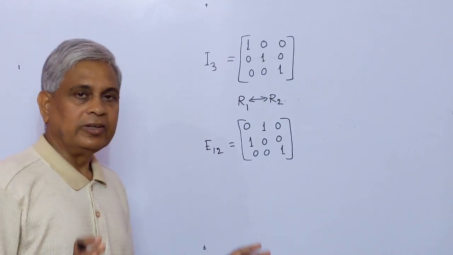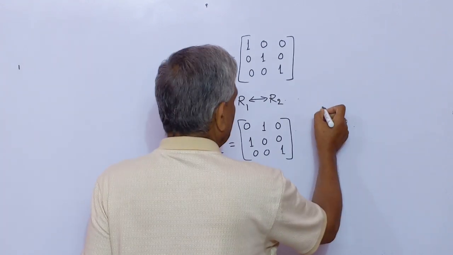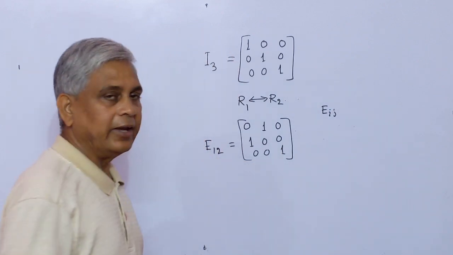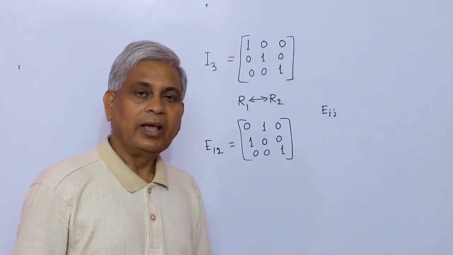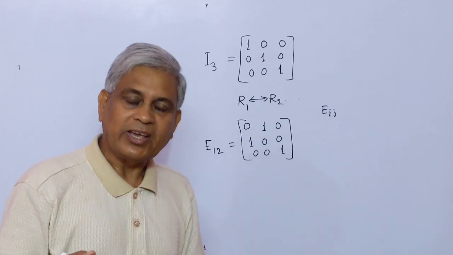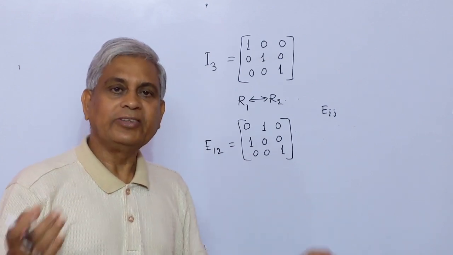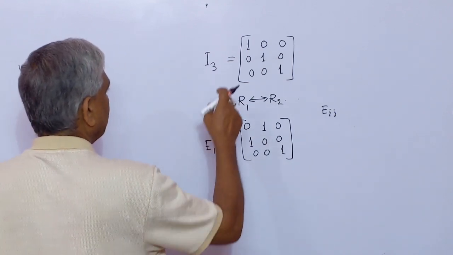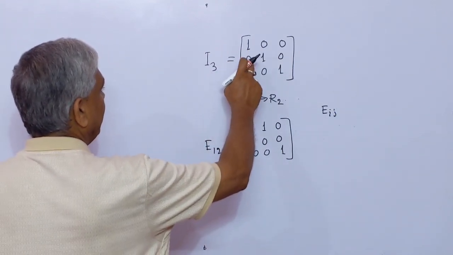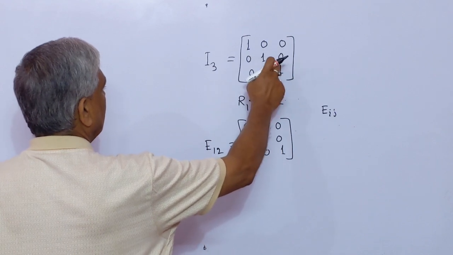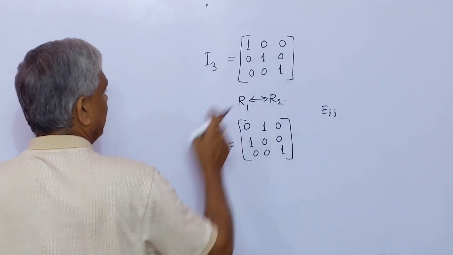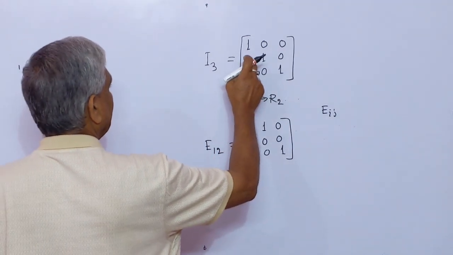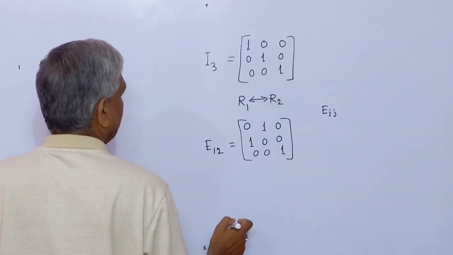Similarly, in the generalized case, Eij is said to be an elementary matrix when we interchange the ith row and jth row. The second type of elementary matrix is when we multiply any row of the unit matrix by a non-zero number k. Let us multiply the second row by k.